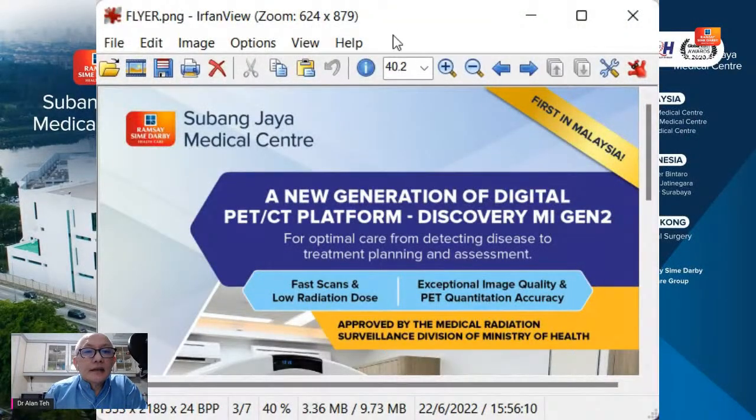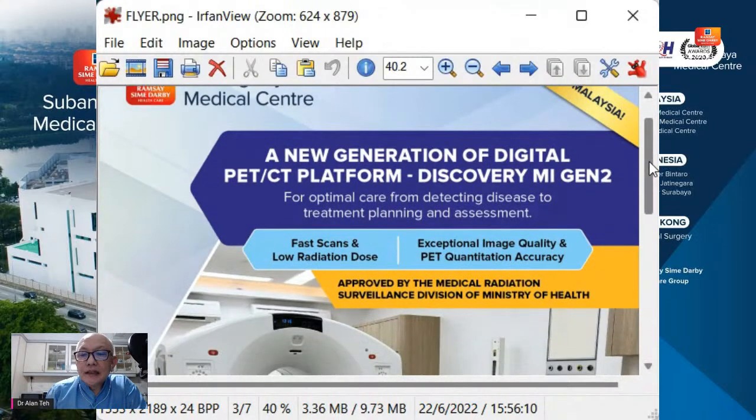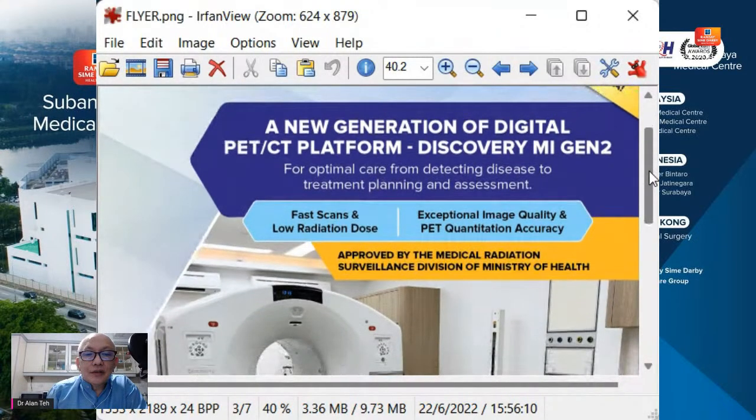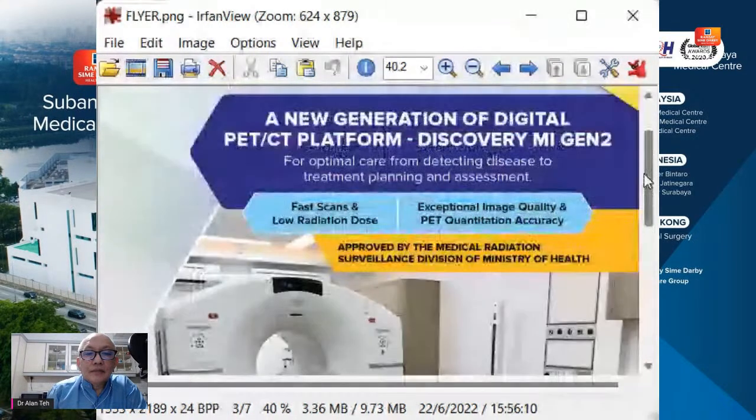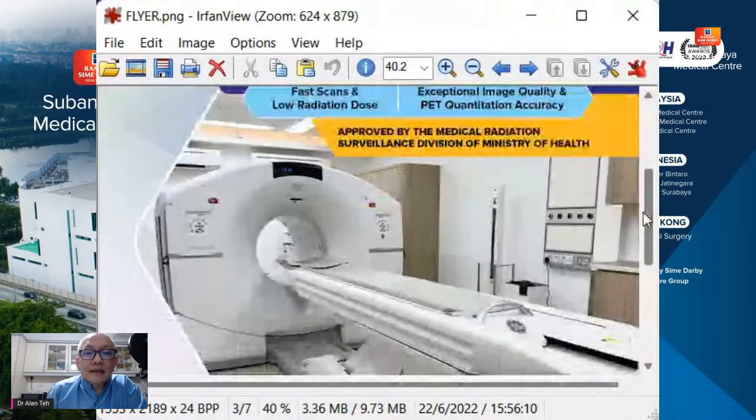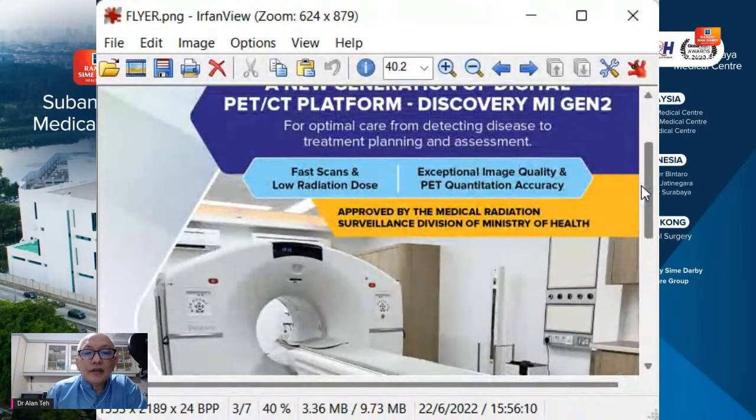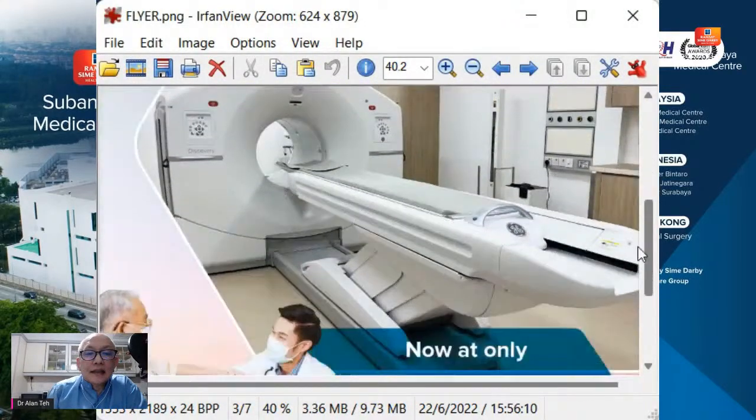Yeah. Dr. Dhamendra in his talk mentioned that the PET scan in SJMC was quite old, but actually we've now got a brand new generation PET-CT scan, which is faster and delivers exceptional quality.